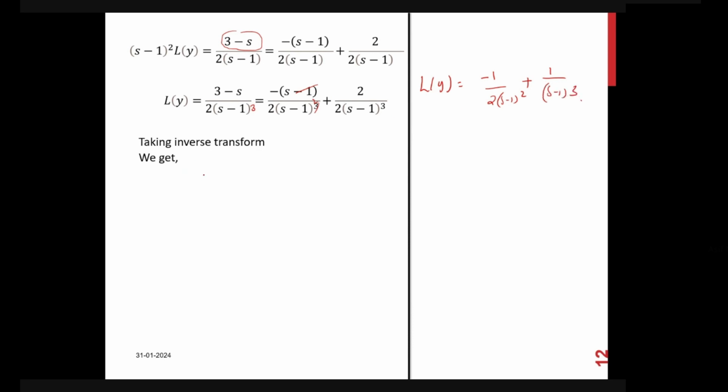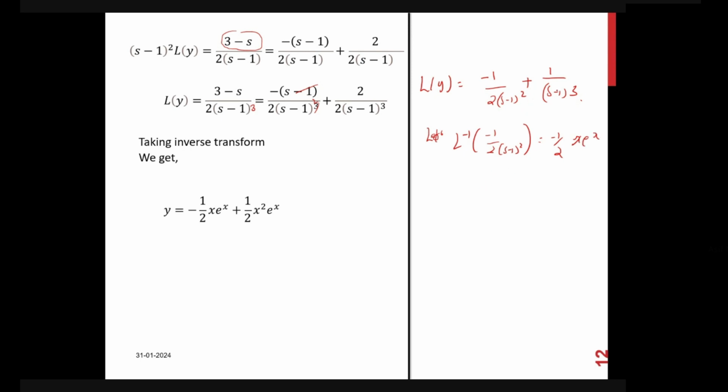Now I'm taking the inverse Laplace transform. The inverse Laplace transform of minus 1 by 2 s minus 1 all square is minus 1 by 2 x e raised to x.